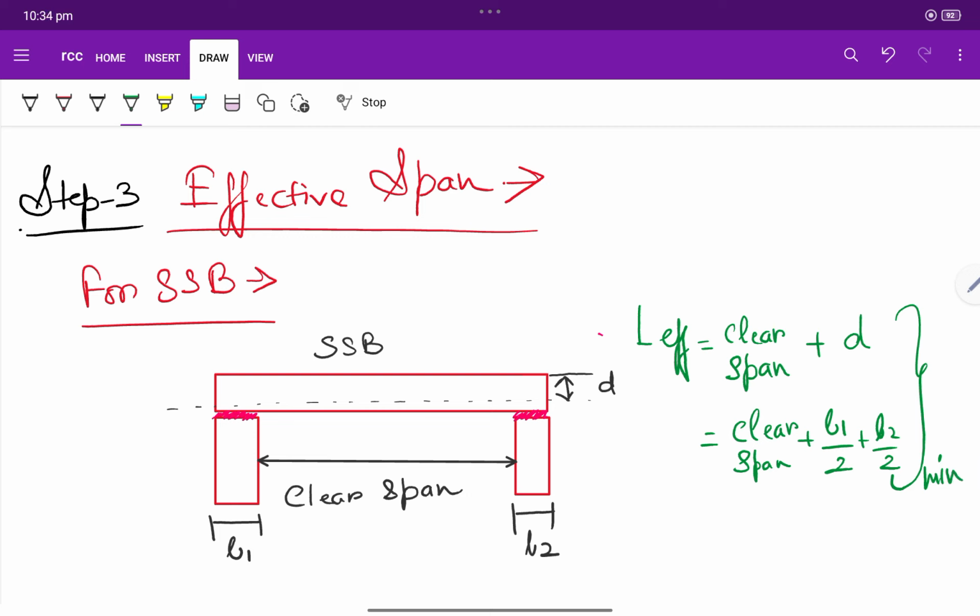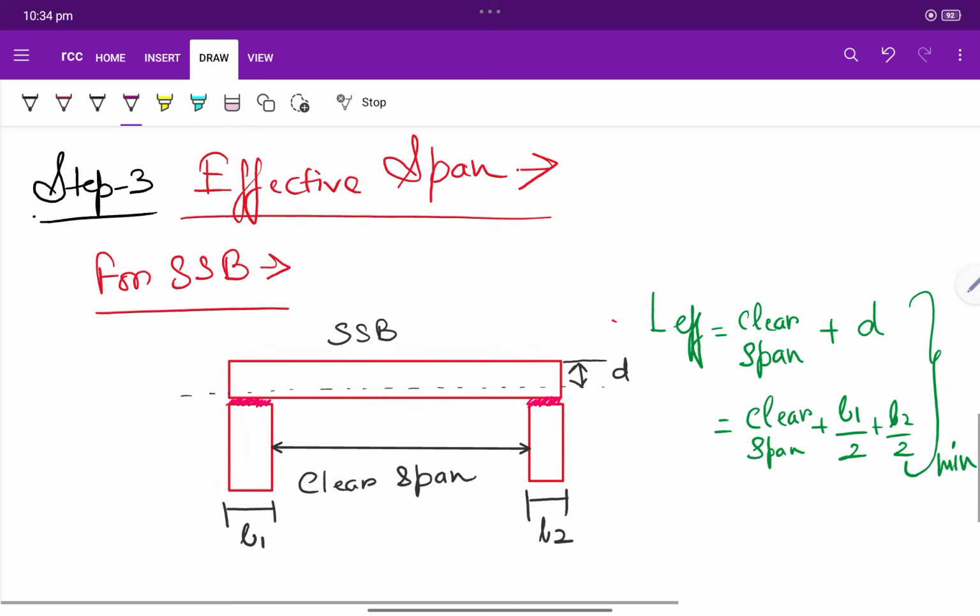So L effective is taken as clear span plus effective depth, or clear span plus half of each support. Whichever value is minimum, we have to take it.